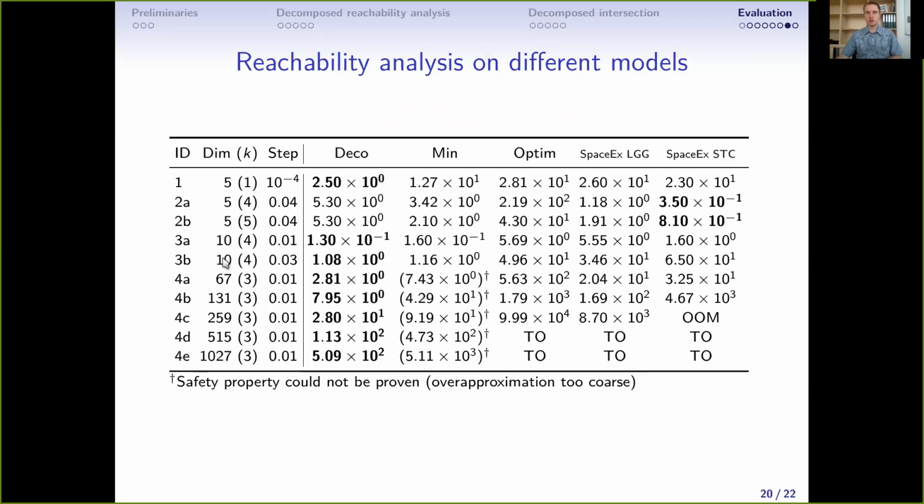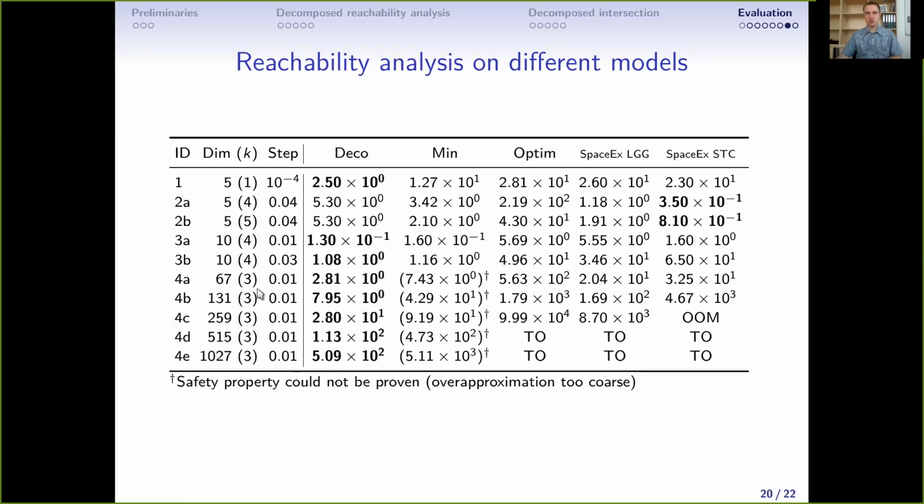So these are the models again. Here we have the algorithms. This is our algorithm. And in bold, I mark those columns that are the fastest for each row. So as you can see, except for this model that is not great for our algorithm, we are always the fastest.